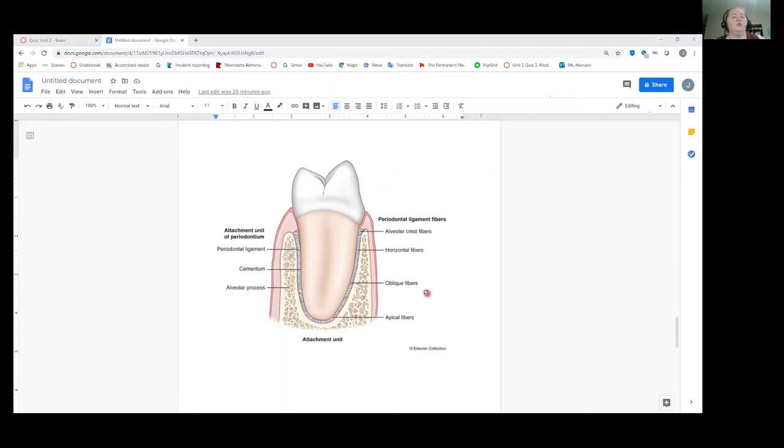Samantha Olson, could you please go under annotate, and then T where it has text, and tell us what the 3 parts of the attachment unit are.